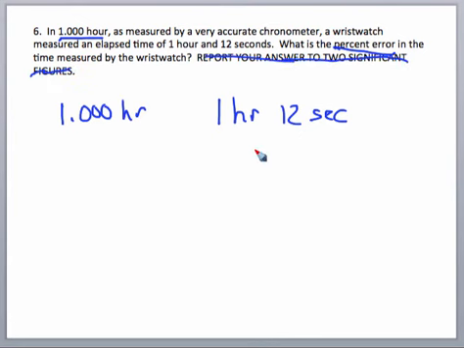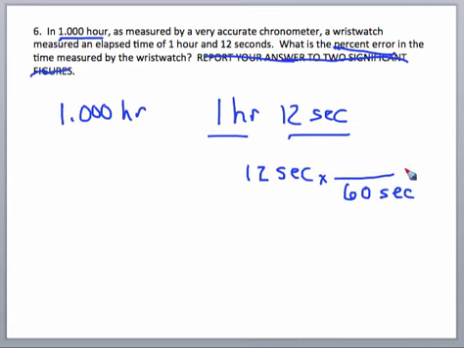Alright, the mistake that people make is they'll go 1.12 as our measured value, but what we need to do is convert 1 hour 12 seconds to just hours. So we're going to convert 12 seconds, 60 seconds to hours. Seconds cancel, and we're going to get 0.2, I believe.